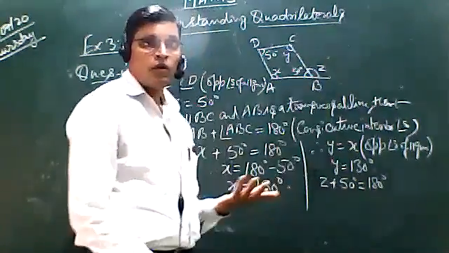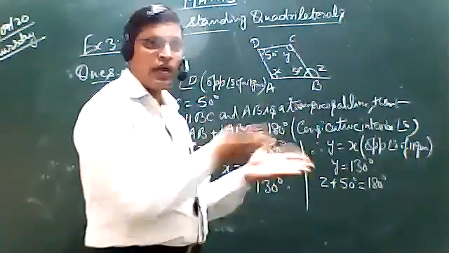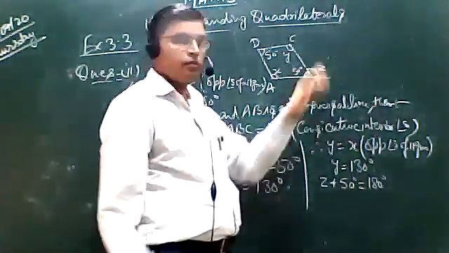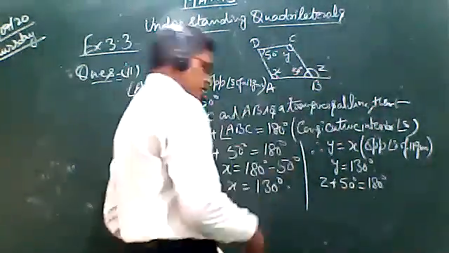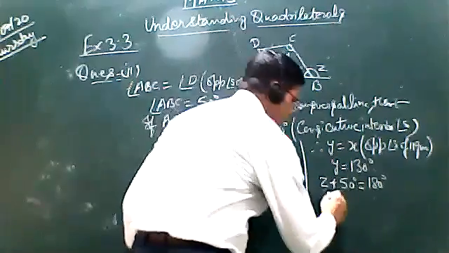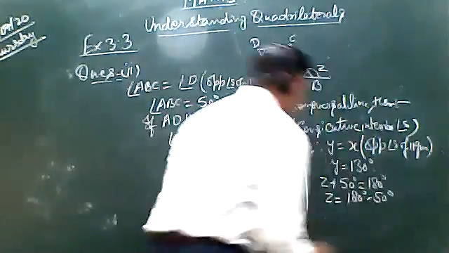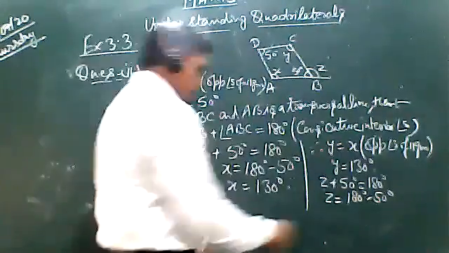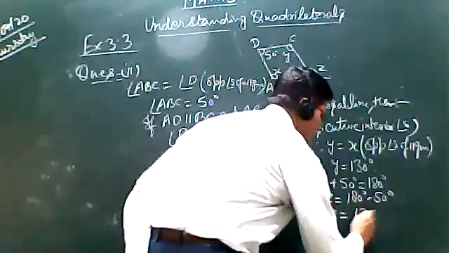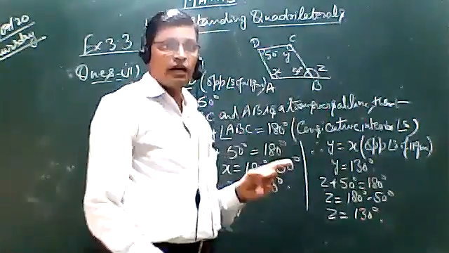Or another way, you find this is the exterior angle, but in the triangle we find the exterior linear pair angle with the help of linear pair. Angle Z is equal to 180 minus 50, it comes 130 degrees.